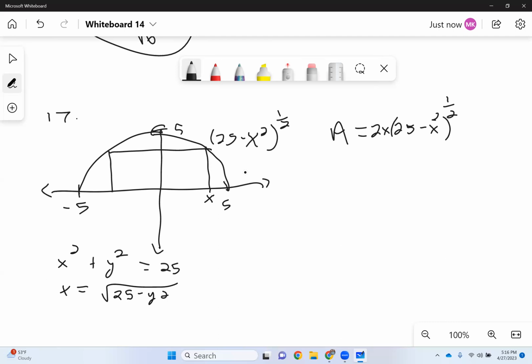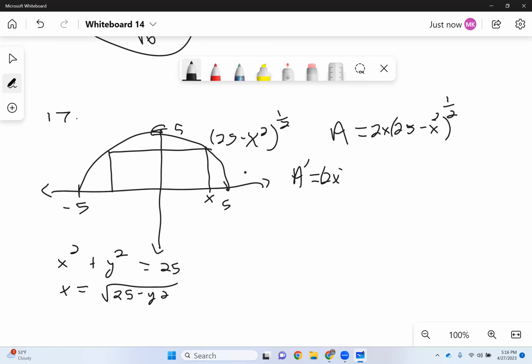All right. This is one of those times where we want to take the derivative and set it equal to 0. So watch what happens. A prime equals d1 times d2. Oh my goodness, somebody's calling me.